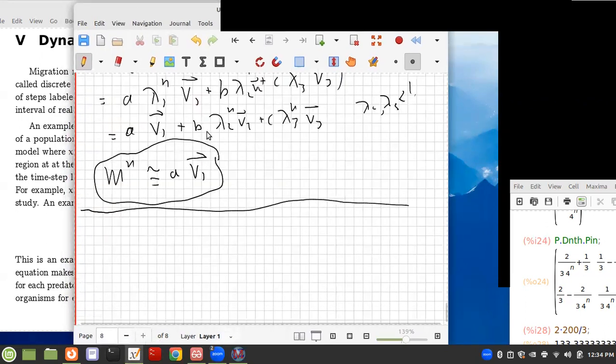Anyway, there's another application, which is dynamical systems, which uses exactly the same technology.